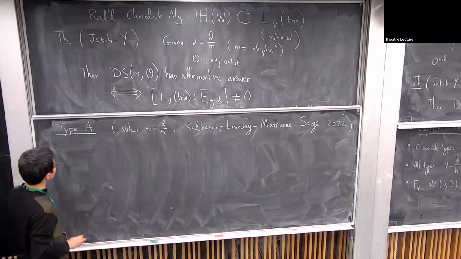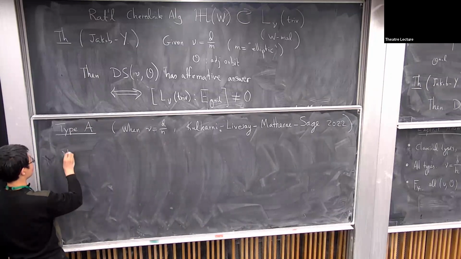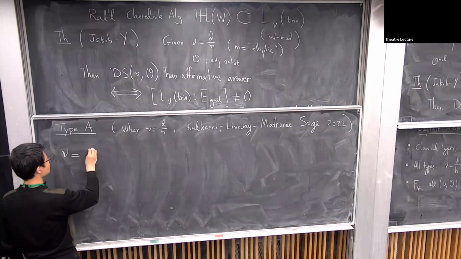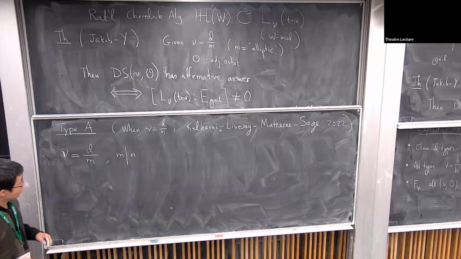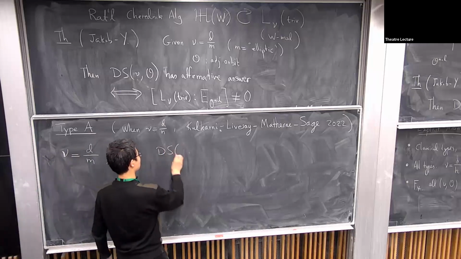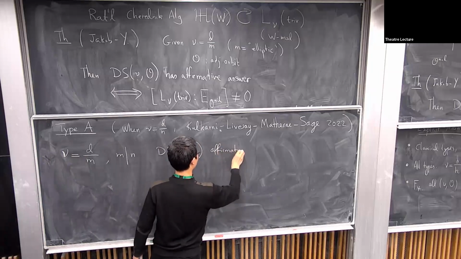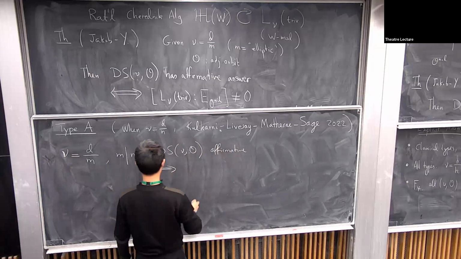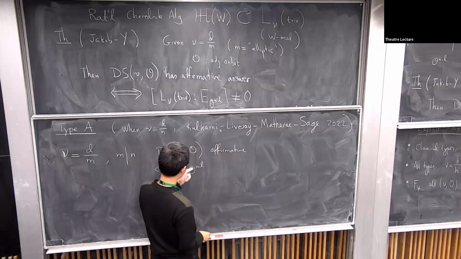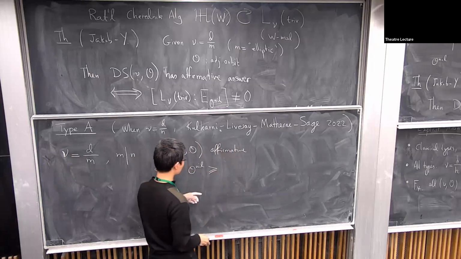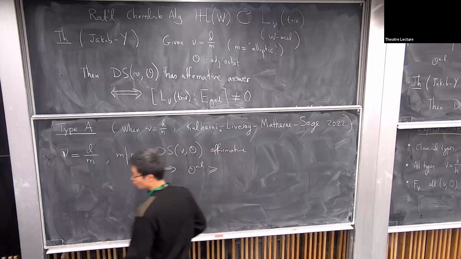So in type A, we said there are 2 cases. Either your slope is d over m, where m is a divisor of n. In this case, the condition is simply that O nil is bigger than or equal to the orbit that has equal parts.